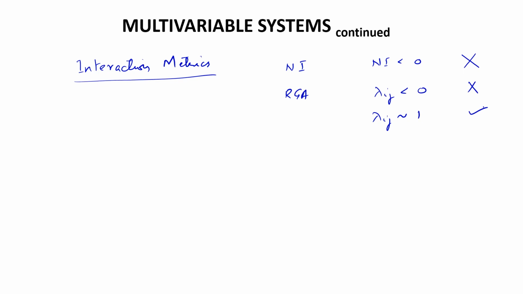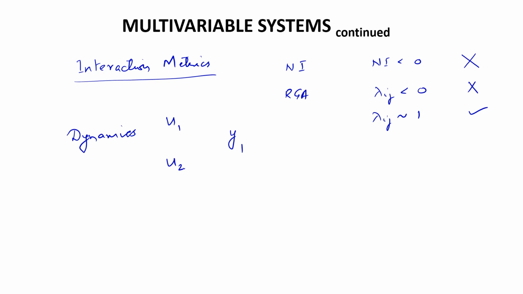So once we have decided on a pairing, there's another thing that helps us decide pairings, and that's the speed of response dynamics. Let us say I've got a variable to control, that's y1, and I've got u1 and u2, and I can control y1 using u1 and I can control y1 using u2.